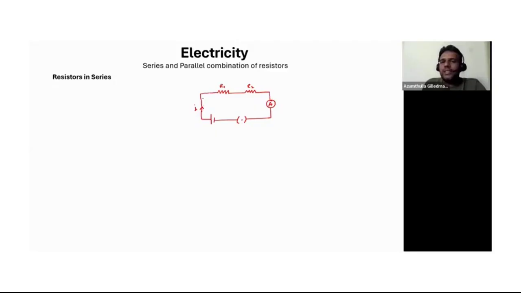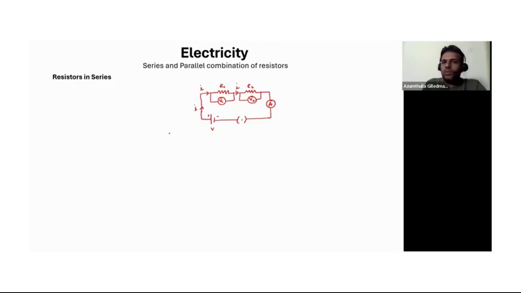And here in series connection, the same amount of current flows through each resistance when they are connected in series. You understood? And the potential difference will be separate. Let's say this is V1 here, and across the other resistor, this is V2. And this is the positive and negative terminal, and say this is V.